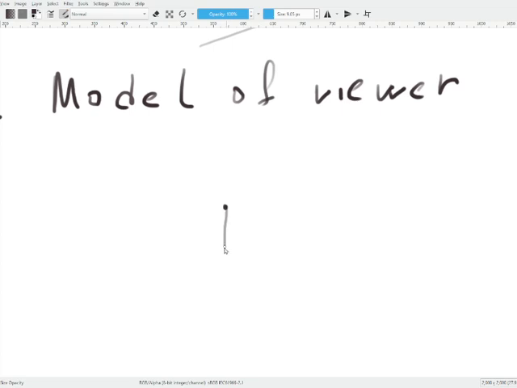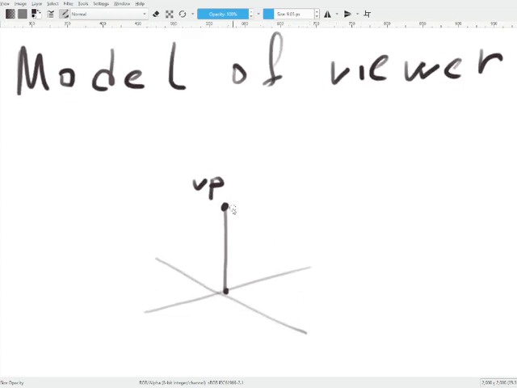So, the first part is the viewer position. Viewer position is just a point in our space. The viewer looks somewhere. This vector, which represents the direction of view, is named the viewing direction.